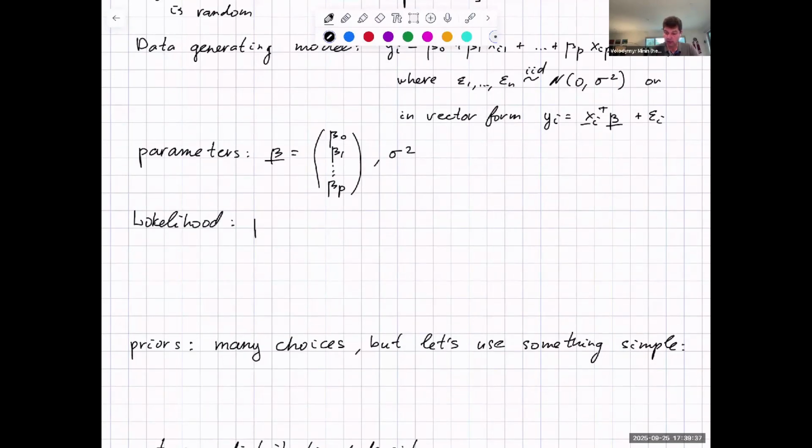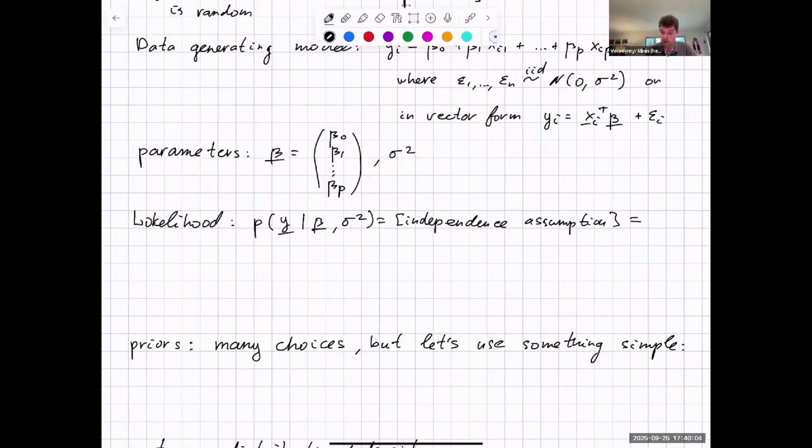Okay, so remember our next component is the likelihood, which comes from our data generating model. In our case, our likelihood is the density of y, our response, given our parameters, vector beta and sigma squared. We usually assume independence. You don't have to, but the simplest setting is that we assume the yi's are independent from each other.